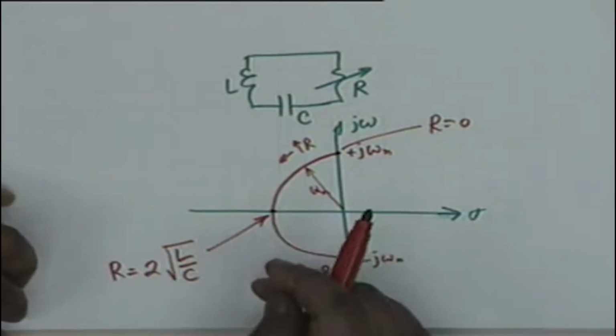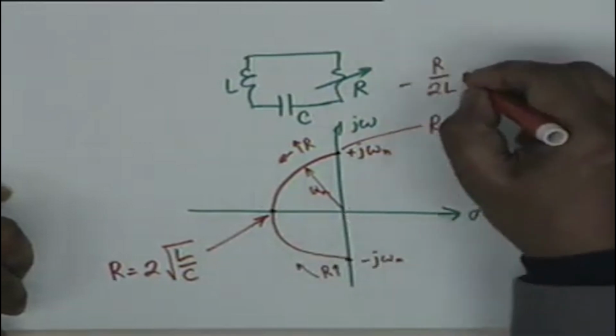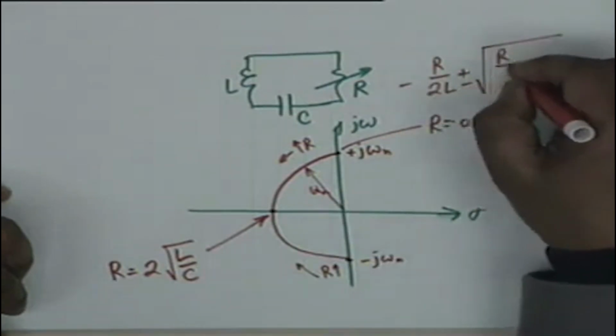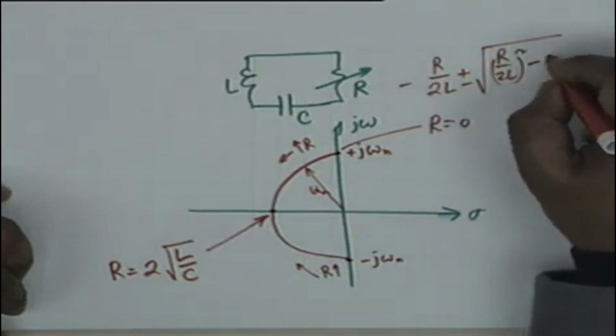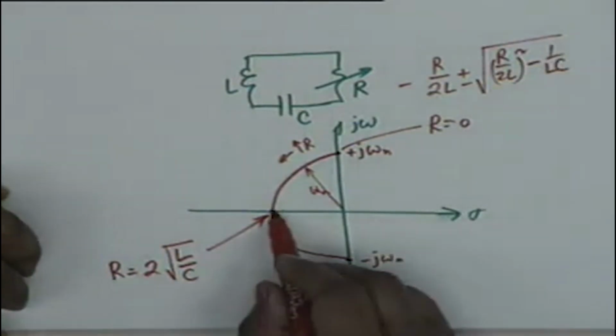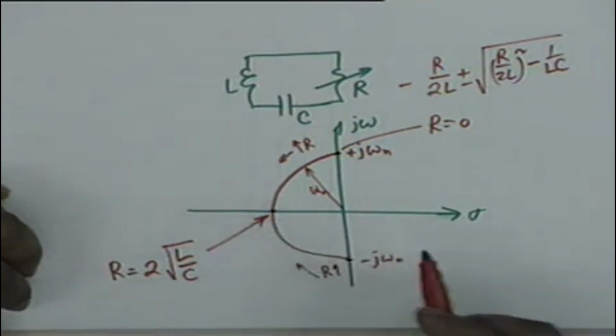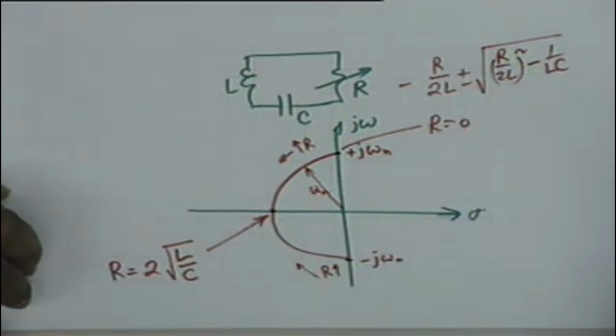Well, what happens is, you recall that the roots are minus R by 2L plus minus square root of R by 2L whole squared minus 1 over LC. Now when capital D, this point corresponds to capital D equal to 0, that means the roots are at minus R by 2L.